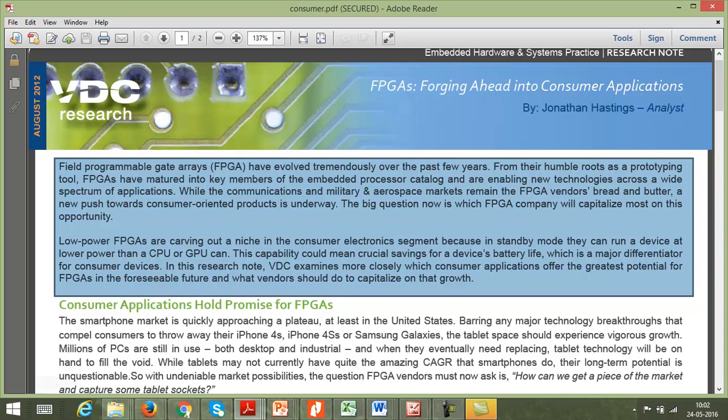It is mainly used in the military and aerospace market, and FPGA vendors are capitalizing the most. Most of the consumer electronic segment is now in standby mode. They run devices at lower power than a CPU or a GPU, and consumer devices mainly use FPGAs for cost cutting.